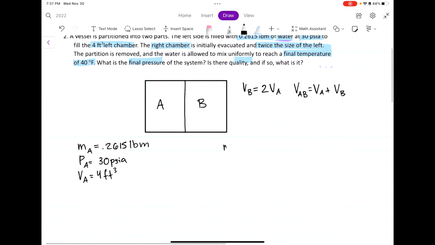The mass of A and B, so when the partition is removed, is still going to be 0.2615 because it's a closed system. There's no mass coming in or out. Just because you give it more space to move around doesn't change the amount of mass that it has.